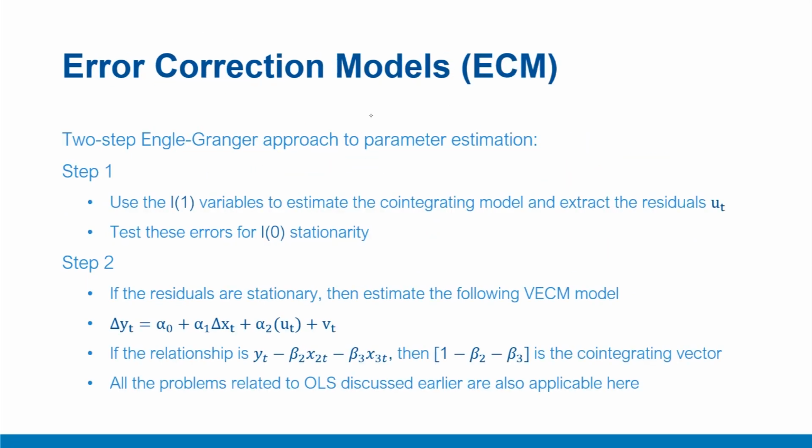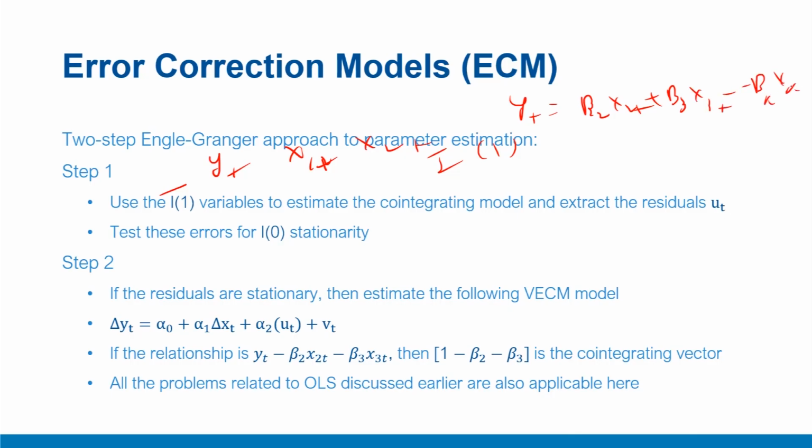The two-step Engle-Granger approach to co-integration and error correction model is as follows. In the first step, we proceed with the variables such as yt, x1t, x2t in their original I1 form, assuming these are financial and economic variables, so they would be I1 in nature. Then in a model like yt equal to beta 2 x2t plus beta 3 x3t and so on up till beta k xkt, we estimate the residuals from this model, that is mu t.